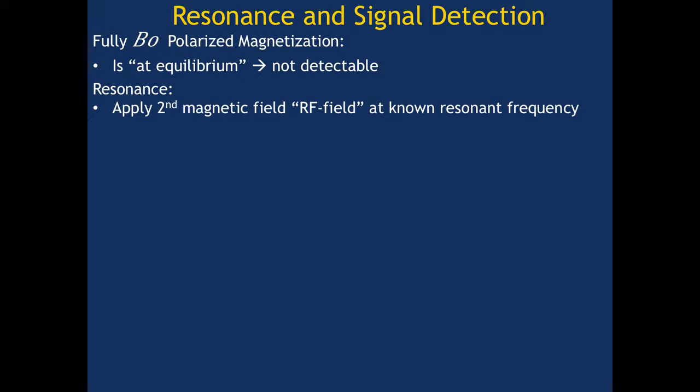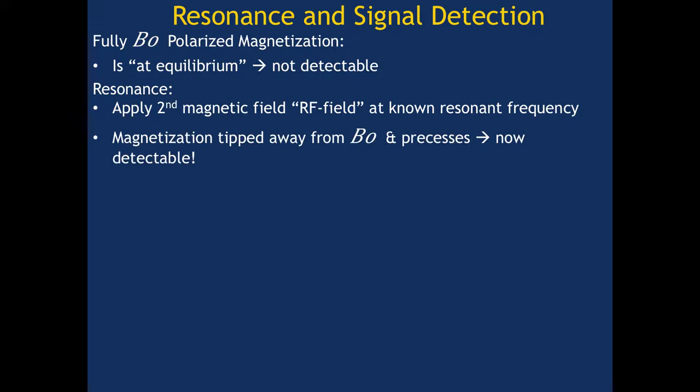We know that precessional frequency because we know how strong our magnetic field is. That RF field, that additional magnetic field, will tip the magnetization away from pointing with the large B0, the large magnetic field, and now it's detectable.